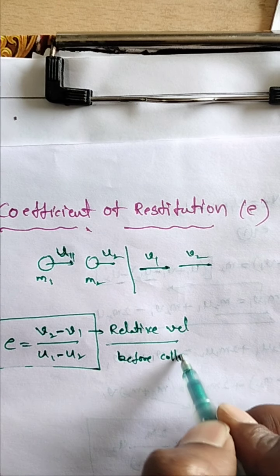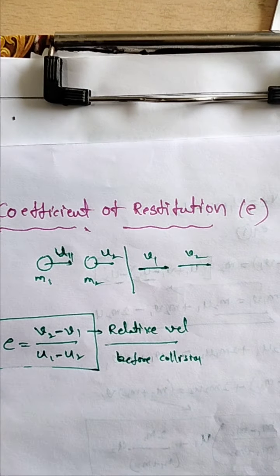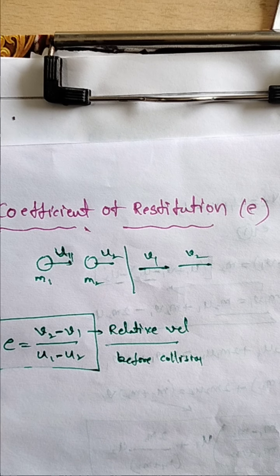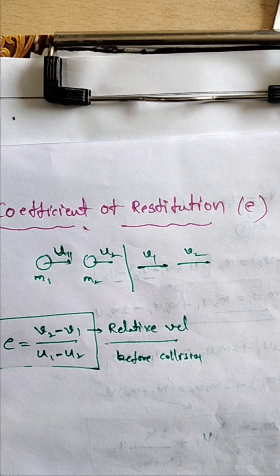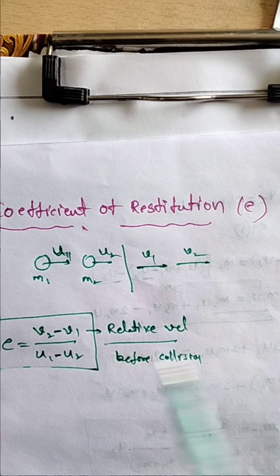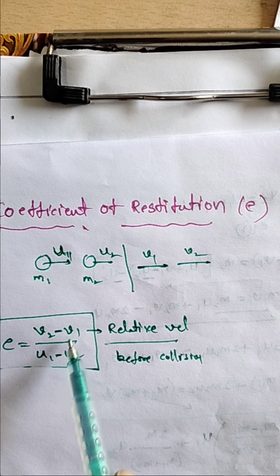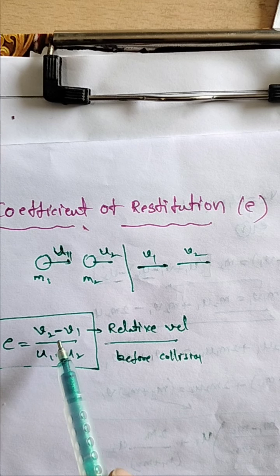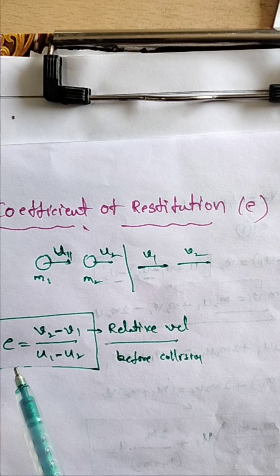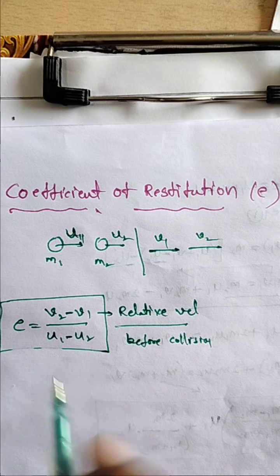So the coefficient of restitution is the ratio of the relative velocities after and before collision. It is called the coefficient of restitution, small e.